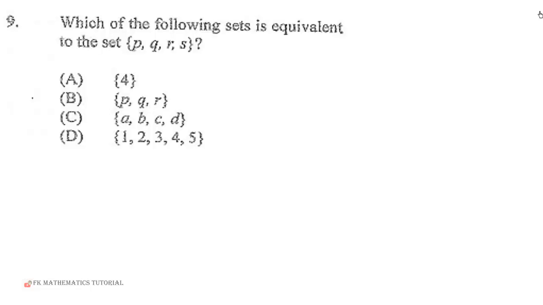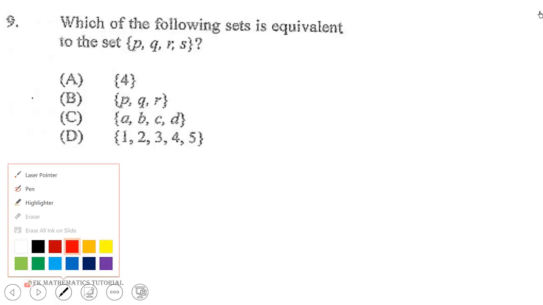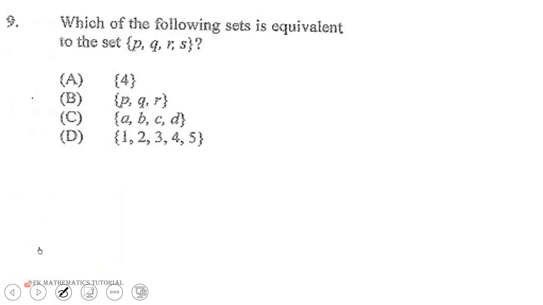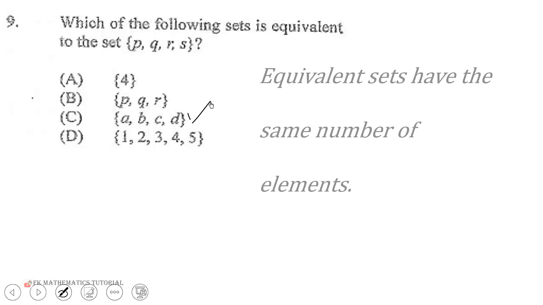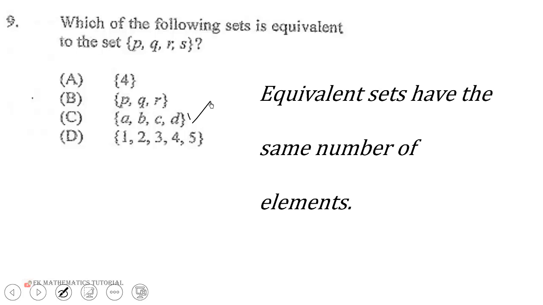So that set A, B, C, D is equivalent to P, Q, R, S. So the correct answer is option C. So equivalent sets have the same number of elements.